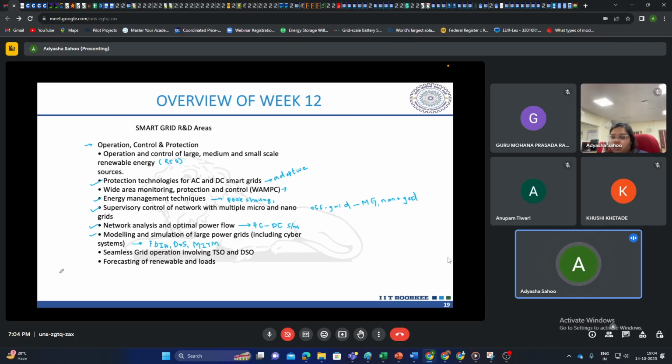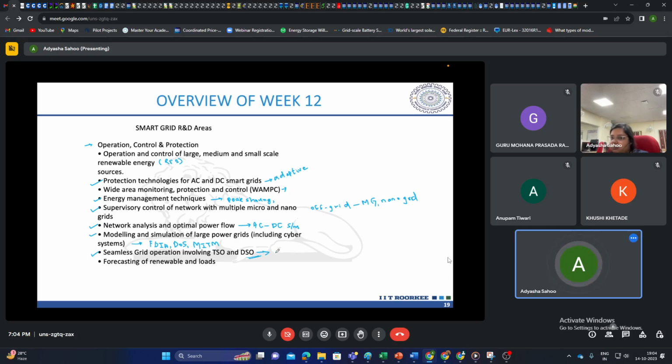Then seamless grid operation involving TSO and DSO. So as we know, these distributed energy resources are going to be mostly added on the distribution system side, right? So their management needs to be done by the distribution system operator.